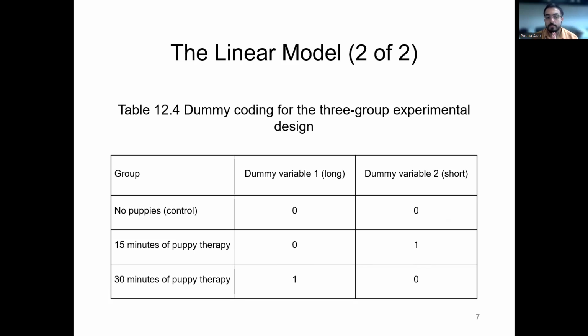If it is 15 minutes of puppy therapy, we just put 0 for that. And for 30 minutes of puppy therapy, we put 1 for that dummy variable. So we can create two dummy variables in order to run a regression model rather than ANOVA here.